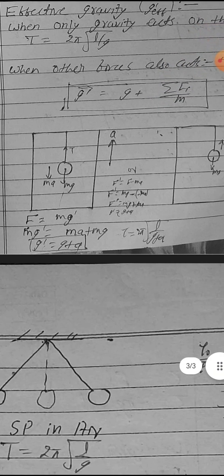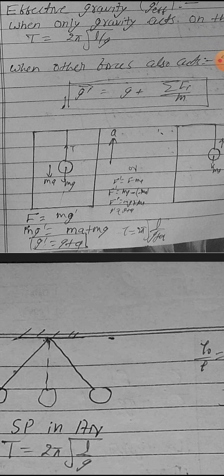Now, what would be the force acting on this pendulum? There is a concept of pseudo force being used. So F equal to mg and T equal to mg, if T is the tension of the string. But that answer is wrong.